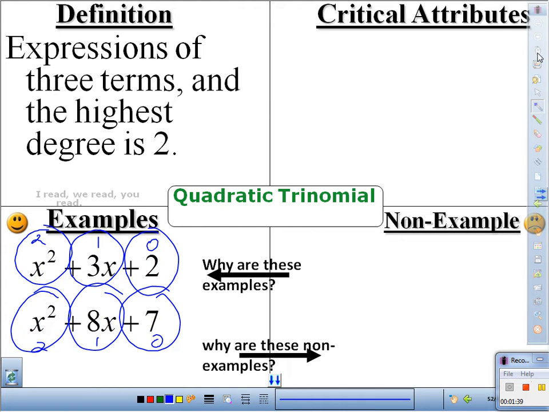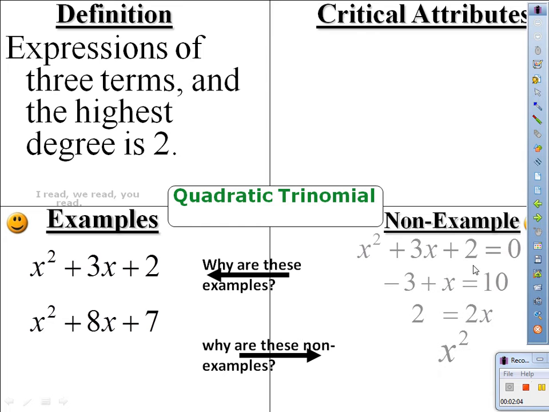Let me show you some non-examples. Copy these. x squared plus 3x plus 2 equals 0. Negative 3 plus x equals 10. 2 equals 2x and x squared. Copy those. As you're copying them, start thinking, these are not quadratic trinomials because... Check with your neighbor on why those are not quadratic trinomials.